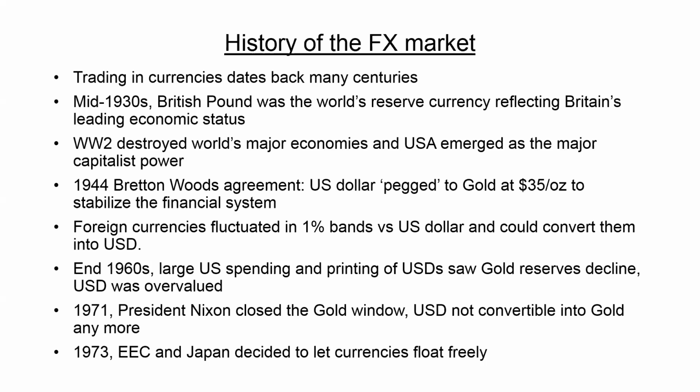So this started to see a large decline in the value of the dollar. And in 1973, the European Economic Community and Japan decided to let their currencies float freely. And from that point onwards, we saw a very large decline in the value of the US dollar and a very large freely floating regime.